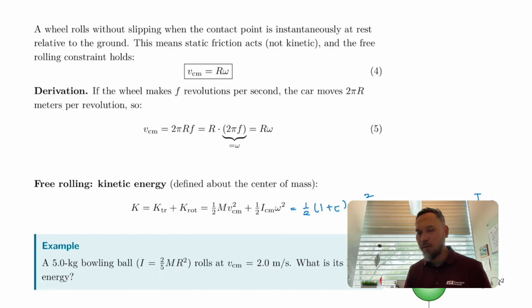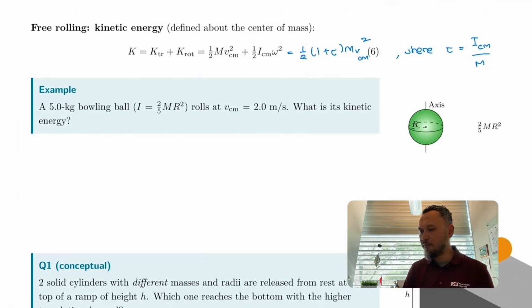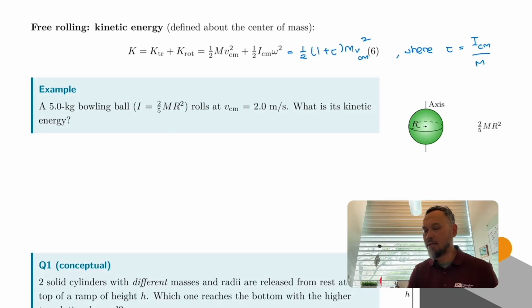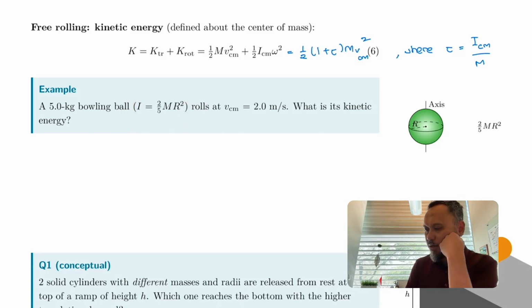All right, so one thing that we haven't discussed is the rolling on the incline. But maybe first we'll do this sample problem. We have this question here: a 5-kilogram bowling ball, a solid sphere with a moment of inertia of 2/5 times the mass times r squared, rolls at v equal to 2 meters per second.